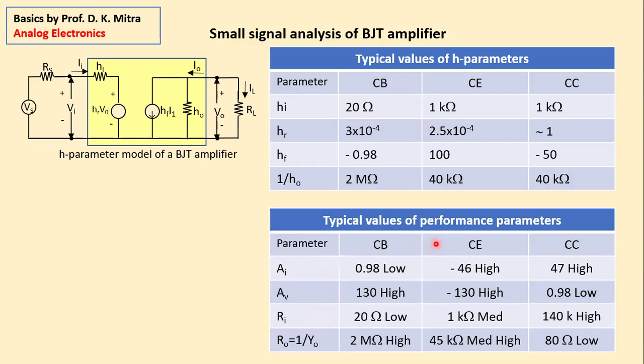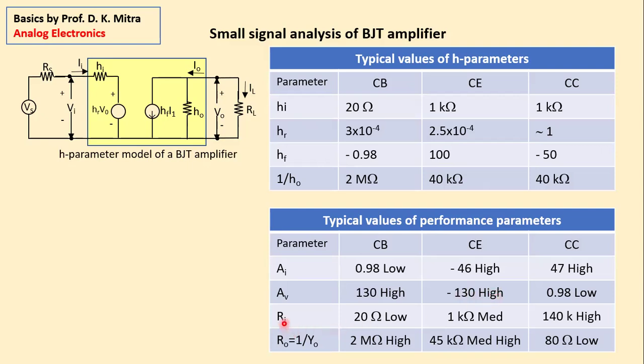The common emitter mode, which is most common. Current gain will be something like minus 40 to 50 if HFE is 100, right? And this is called high. Voltage gain will be minus one. Minus means the phase will be reversed, right? Minus doesn't mean attenuation. Voltage gain is also high.